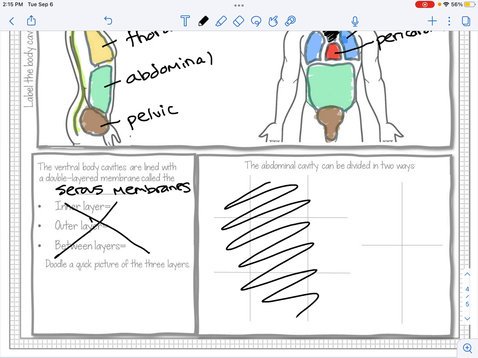So in these 4 quadrants, the point where they cross is your belly button or navel, and the right and left would be the right and left of the person you're looking at. So this is right and this is left. So the right side on top would be the right upper quadrant.